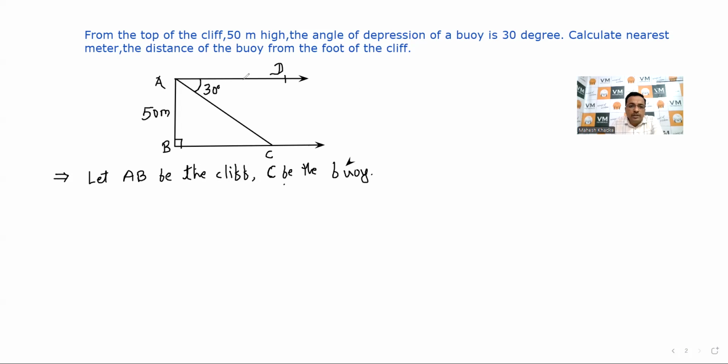Now based on this information, हम लोग ने देखा था whenever the angle of depression is there हमें alternate angle लेने होते हैं. So we know that AD is parallel to BC. Then alternate angles, angle DAC is equal to angle ACB. These angles are alternate angles.